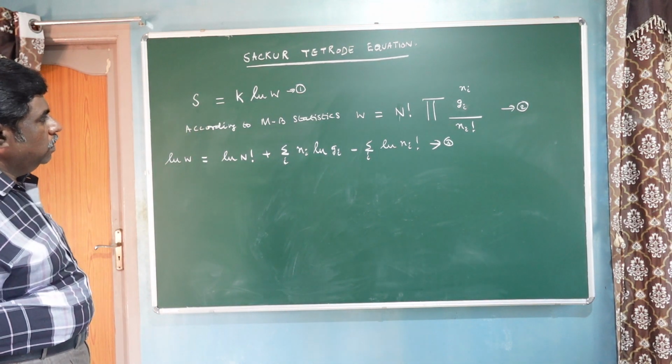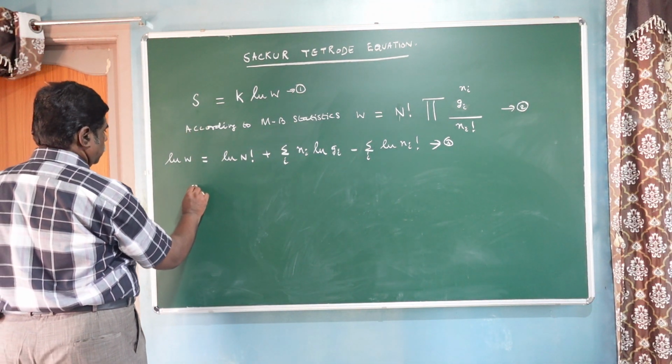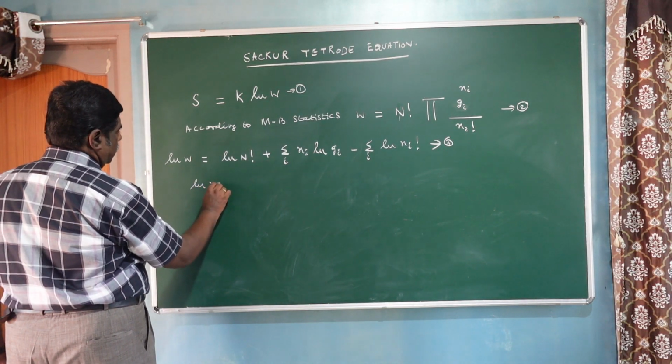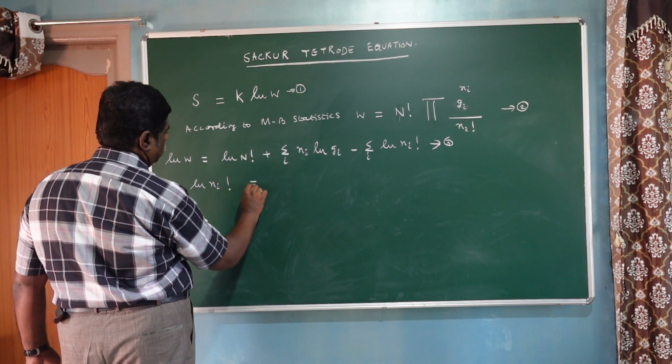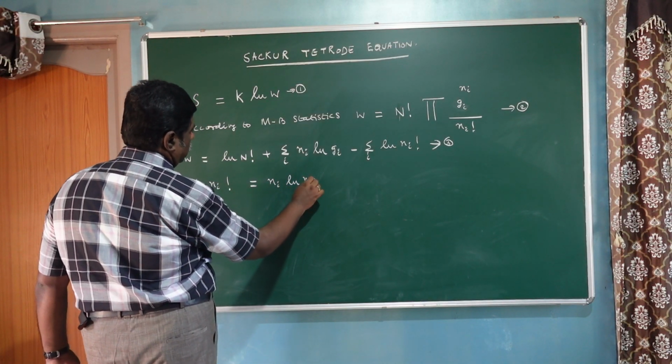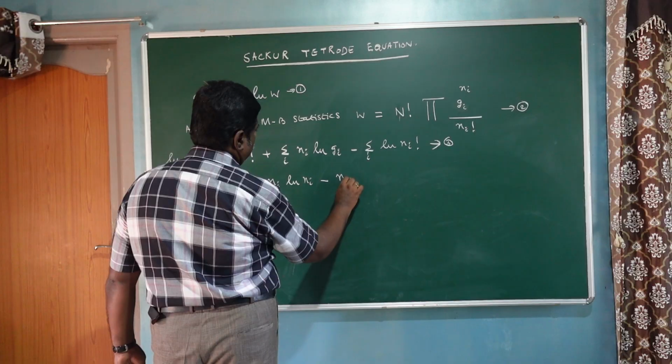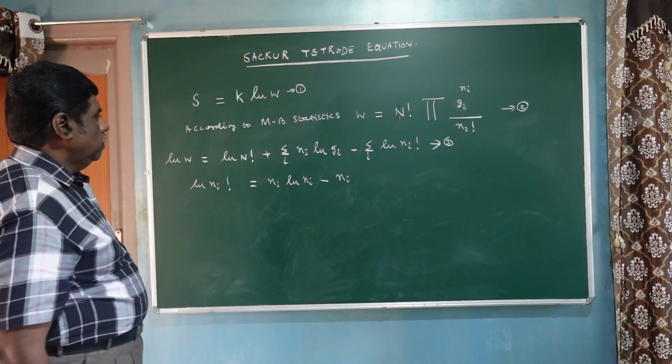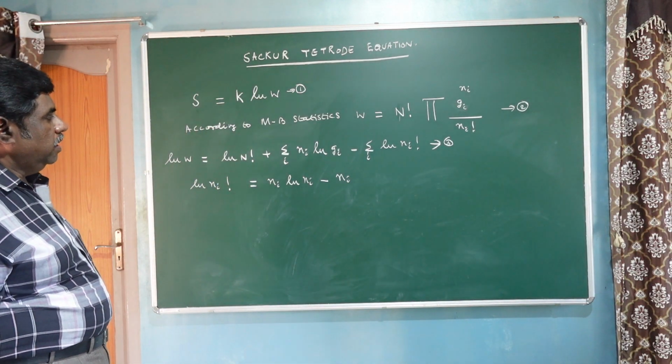According to Stirling approximation, ln Ni factorial is equal to Ni ln Ni minus Ni. This is the meaning for ln Ni factorial.